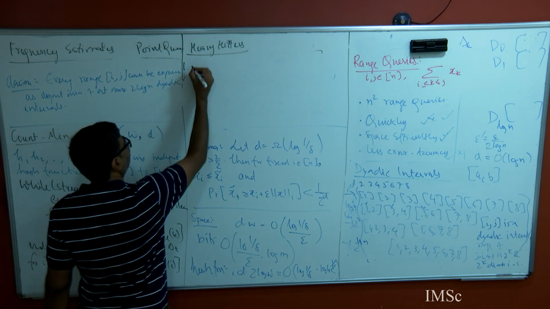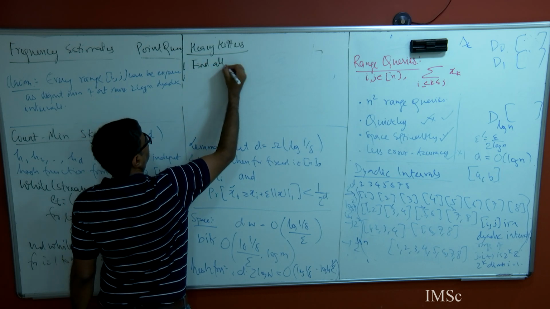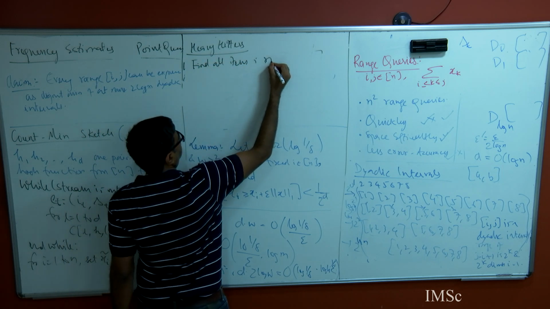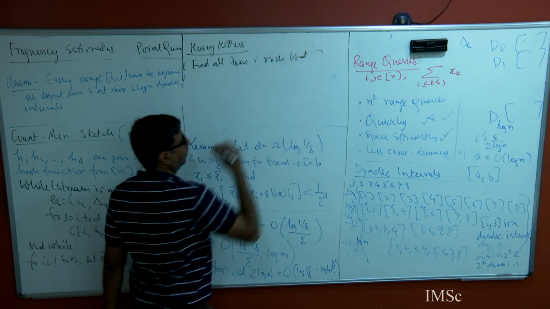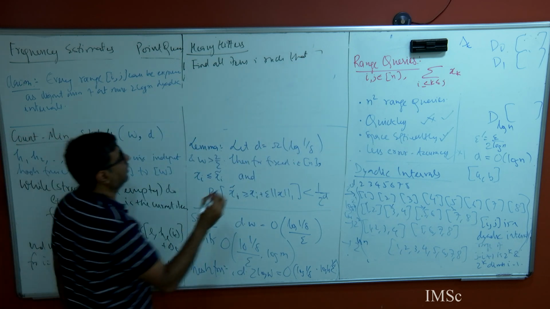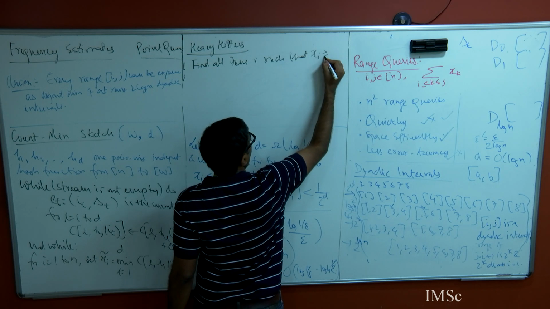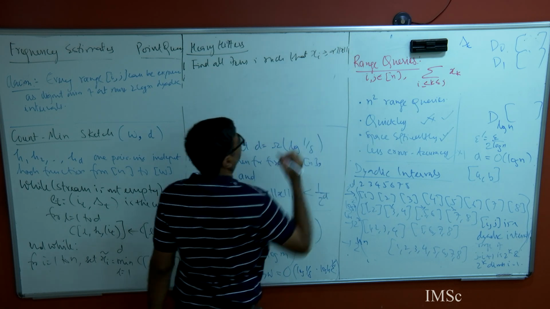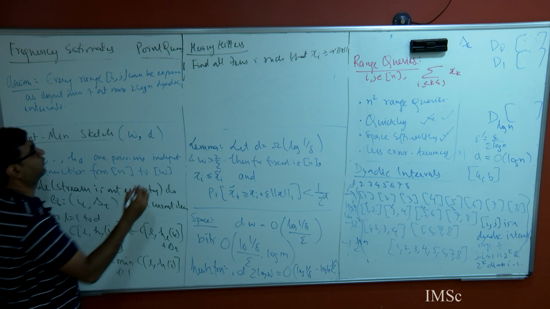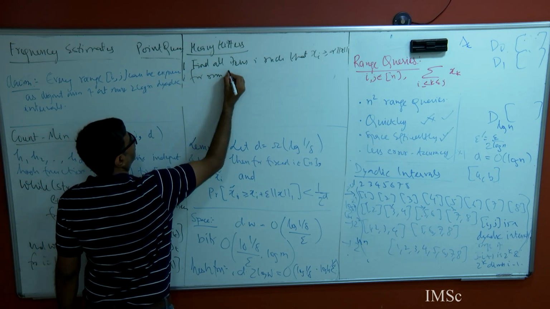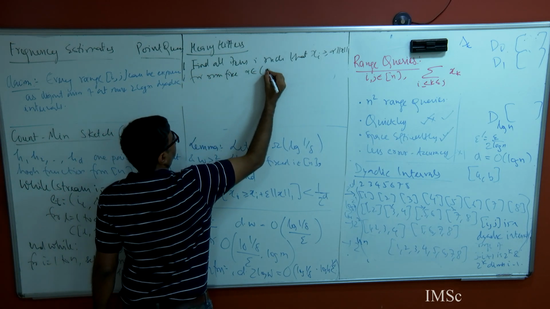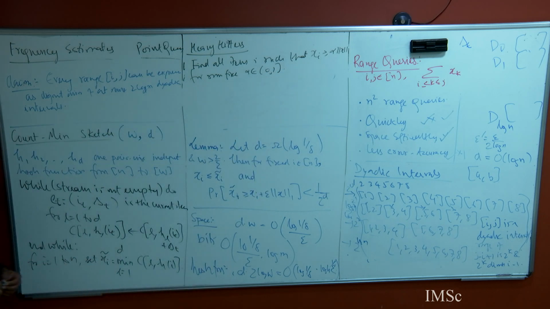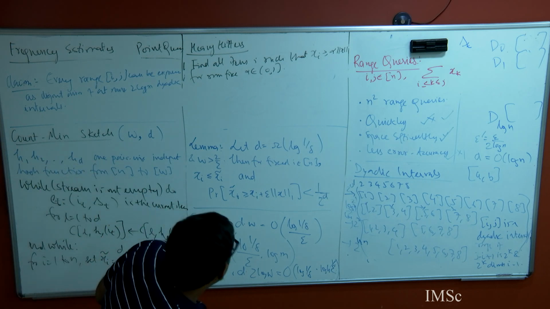Find all items i such that xi is at least alpha times the one norm of x, for some fixed alpha in (0,1). So I want to output all those indices such that their value is heavy.